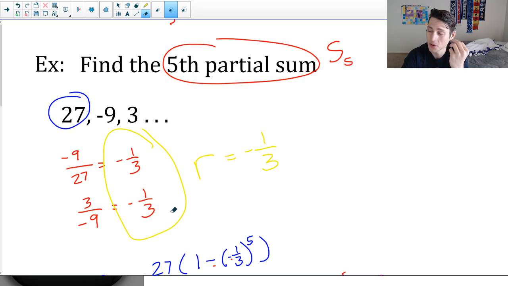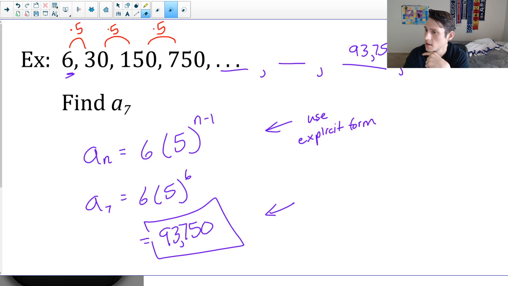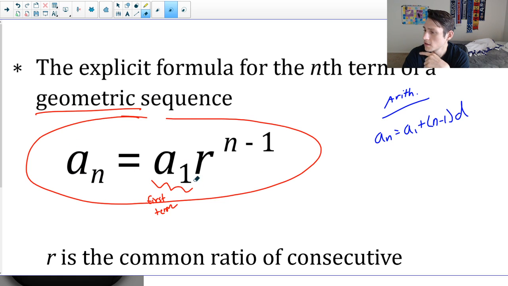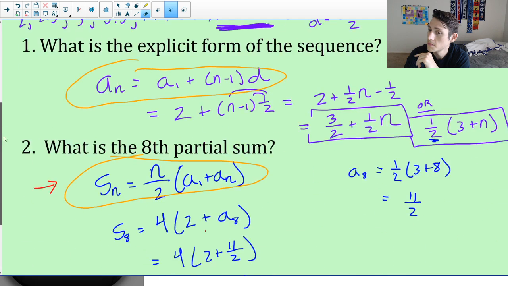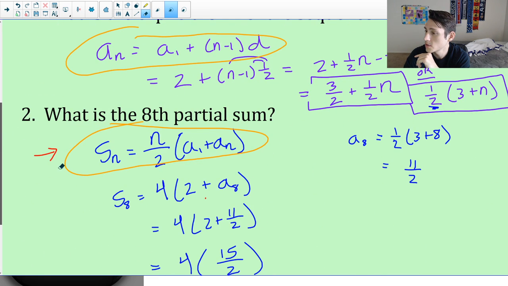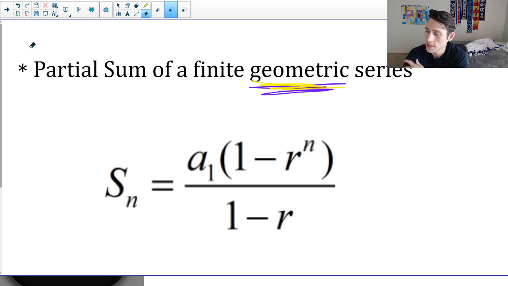We have like 5 formulas, but so far we have 4 formulas that we need to know, right? We have this formula for geometric partial sum, this formula for geometric sequence, this formula for arithmetic sequence, this formula for arithmetic partial sum. So it's just that there's a lot of things to remember.